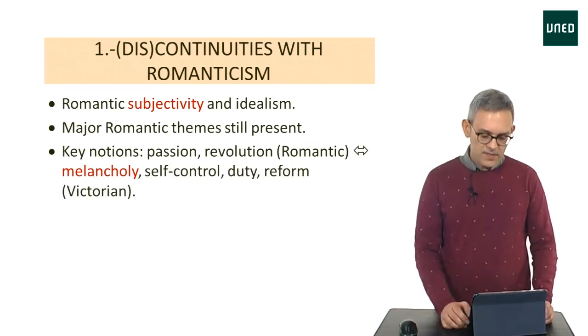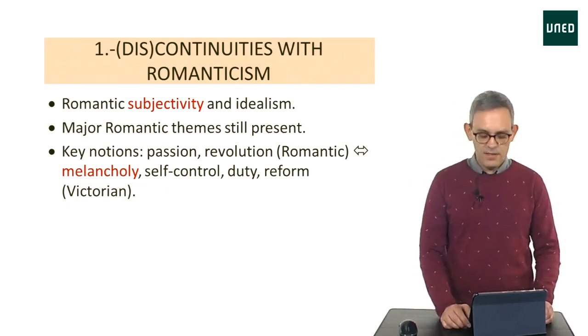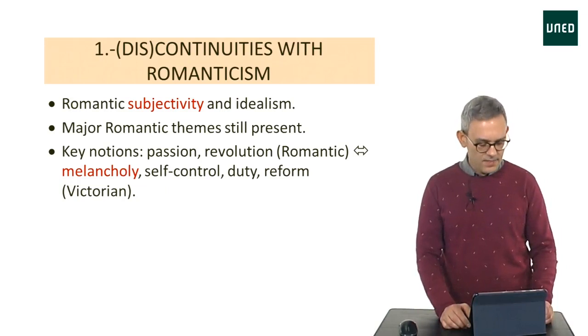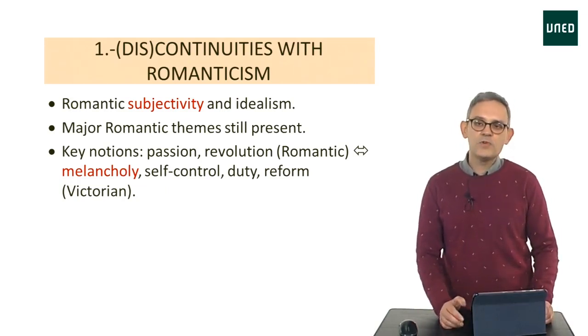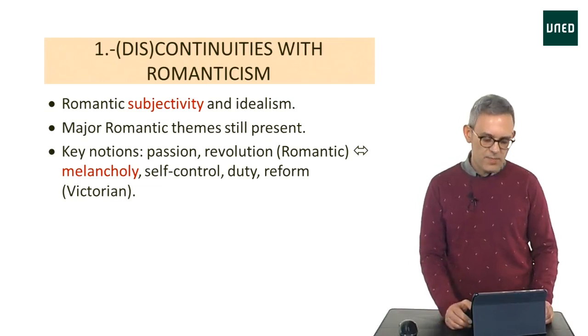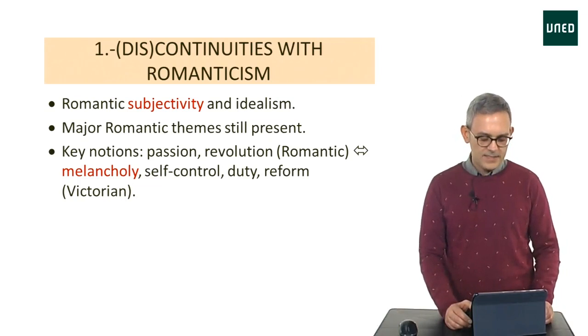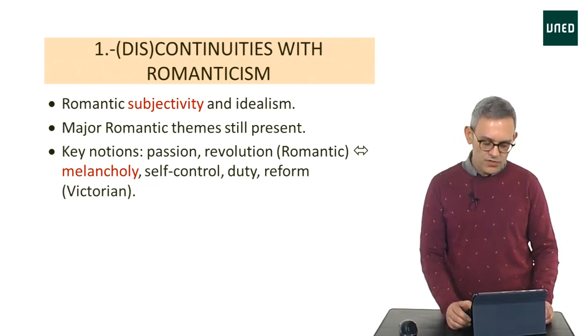Perhaps the most striking difference between the mentalities of the Romantic and the Victorian periods is what we could call the Victorian uneasiness with passion, which, as you will remember, is a typically Romantic notion.